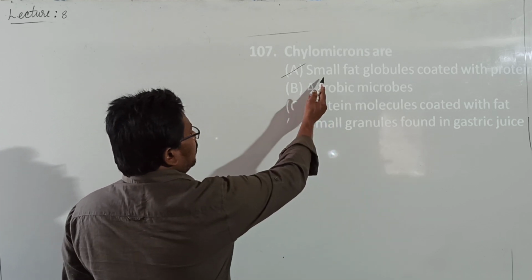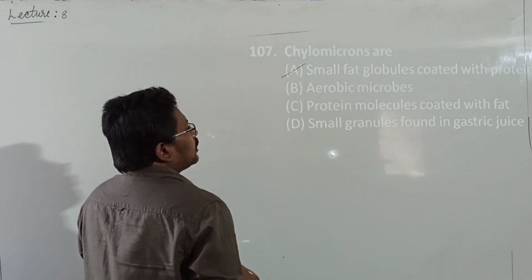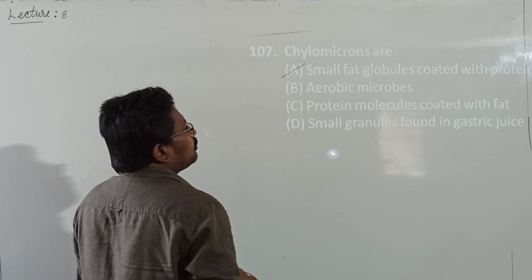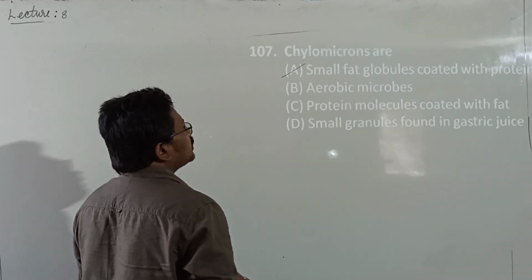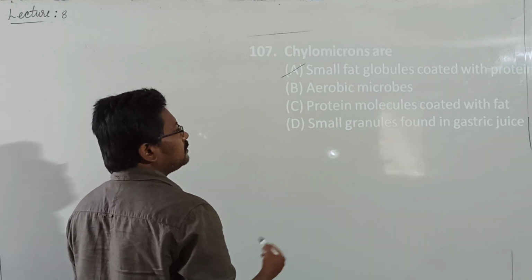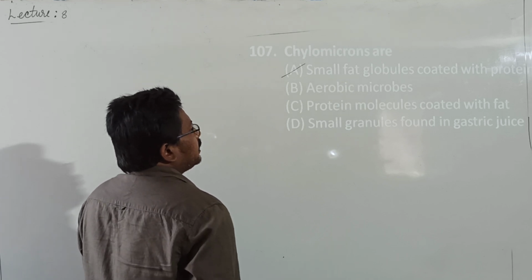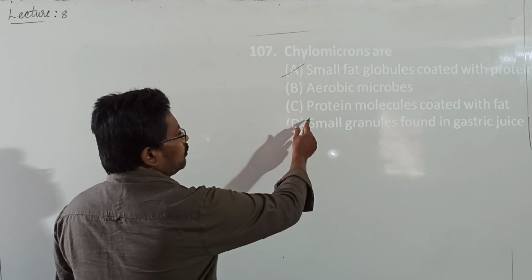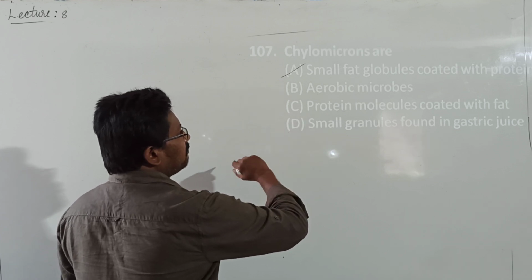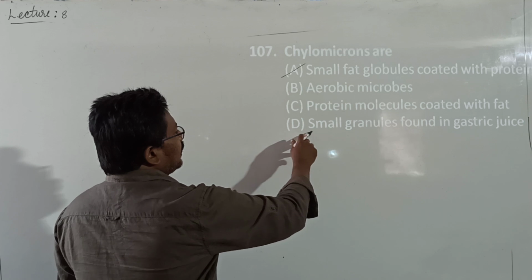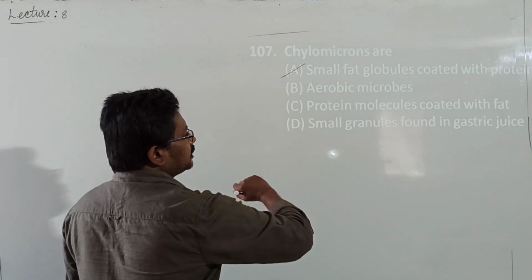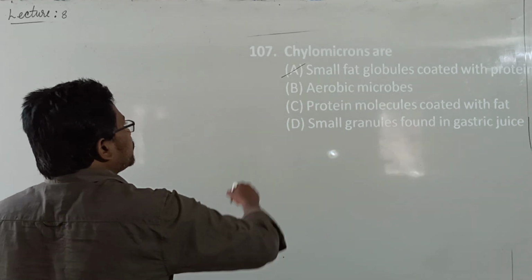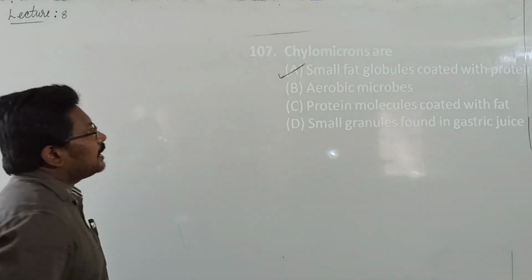So they will be converted into protein-coated fat globules, and we call them chylomicrons, which are easily transferred. They are not aerobic microbes or protein molecules coated with fat, which is the opposite of A, nor small granules found in gastric juice. So the correct option is A.